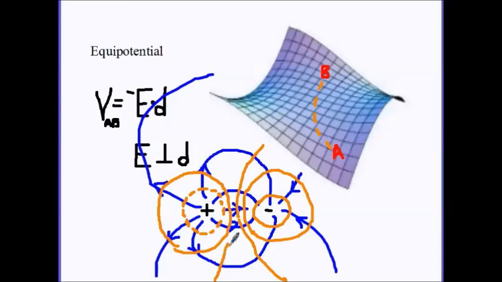See if I can get one more in. You ought to be able to recognize that this is the equipotential for opposite charges just as easily as those blue lines would be recognized as the field for opposite charges. Everywhere perpendicular to the field. Very, very important idea.